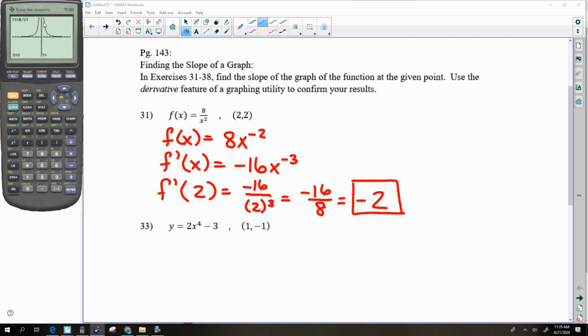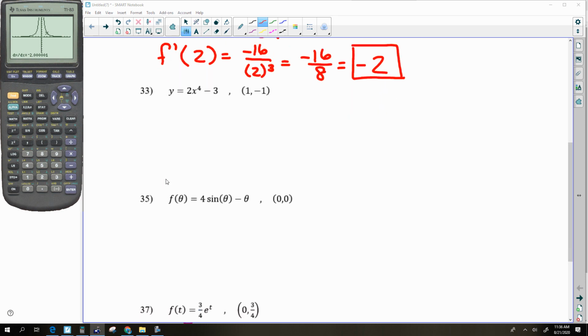Now I just enter the x value at which I want to find the derivative. I hit 2, and there you go. That is the derivative at that point, and it says dy dx is equal to -2. It's not 100% accurate, but that's really close.